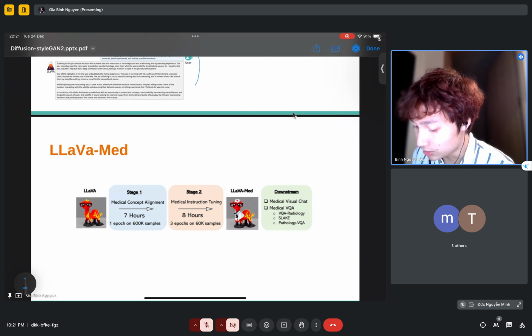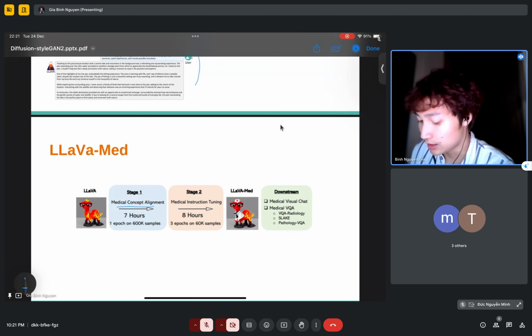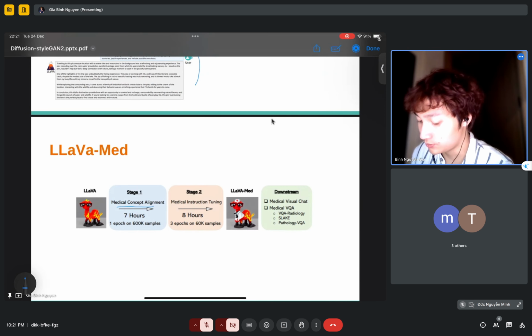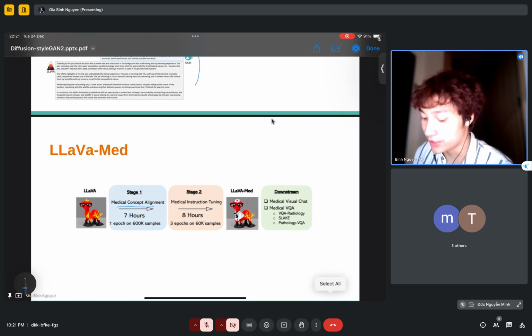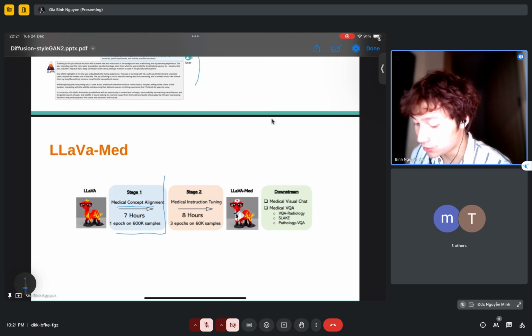It is trained on medical concepts for alignment, because the LLaVA model is trained on general tasks, and when working in the medical field, we need to train this model again with medical data to align the model to extract features more related to medical. It is the first step, medical alignment.